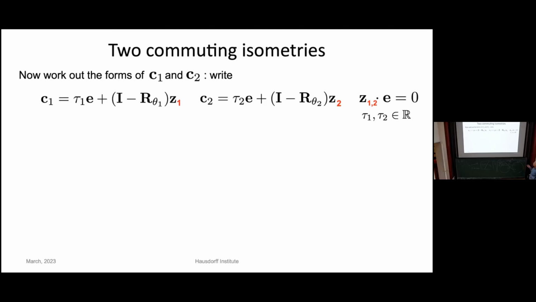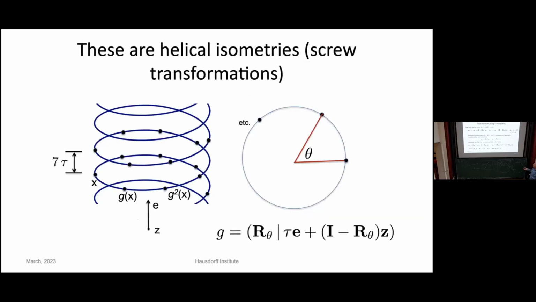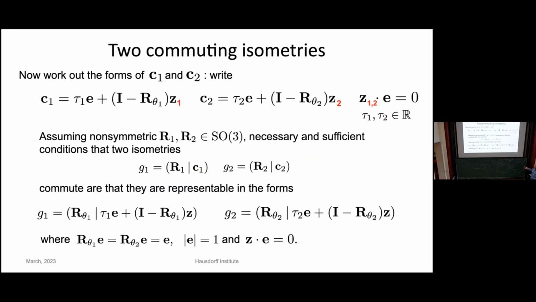And so there's a Z1 and Z2, which are perpendicular to E, and I can write C1 and C2 that way. Anyway, it's very simple linear algebra: a necessary and sufficient condition that they commute is that Z1 equals Z2.